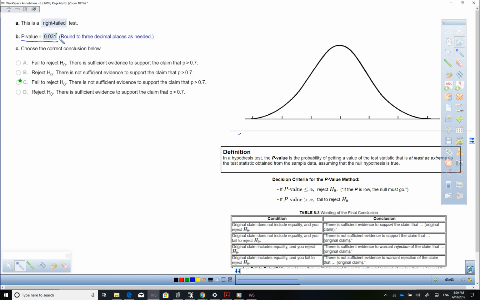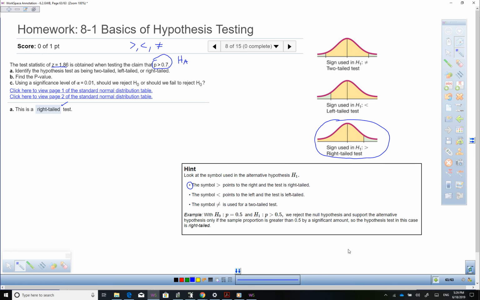ask for the p-value. So first of all, let me state the null hypothesis and the alternative hypothesis. The alternative hypothesis takes either one of these symbols, in this case greater than 0.7, and that is the claim as well.